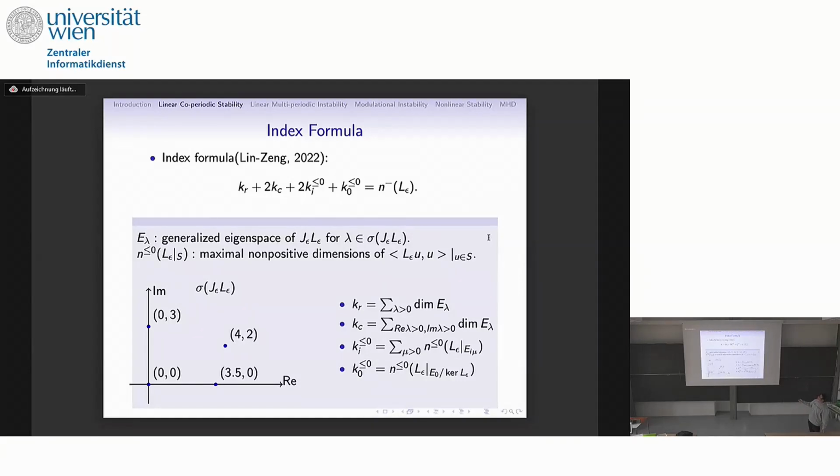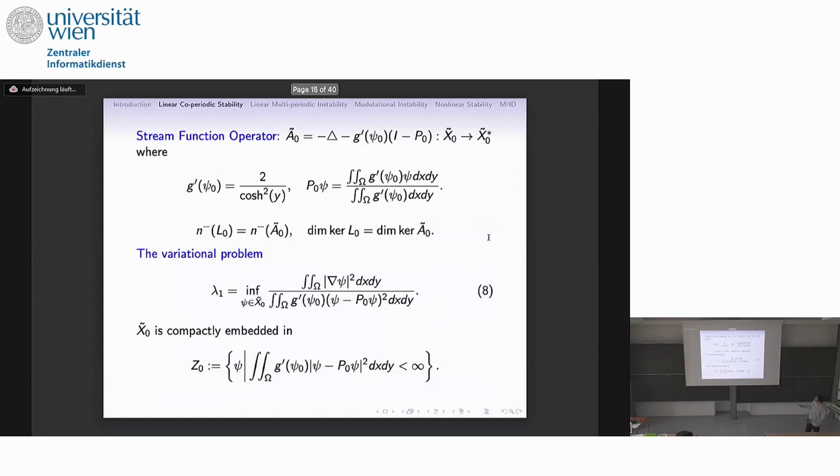Of course, if it's an odd number, then you can immediately see at least Ki is not equal to 0. Usually K0 can be found explicitly. So it's difficult to play with this kind of index formula.